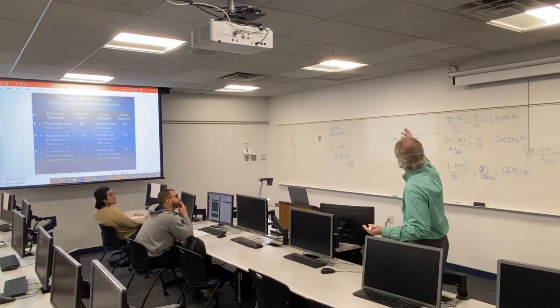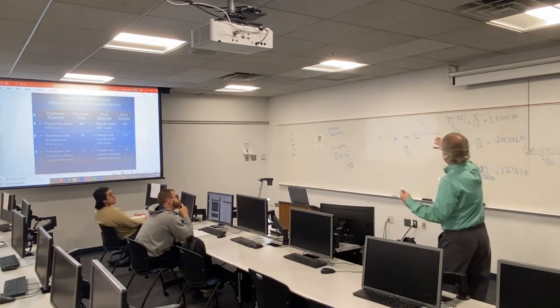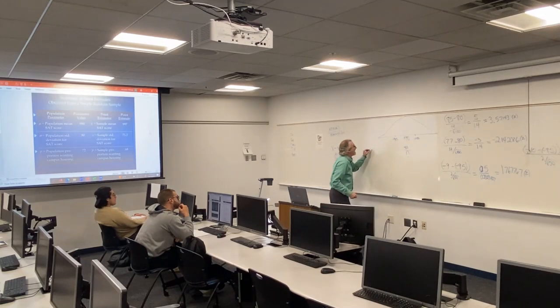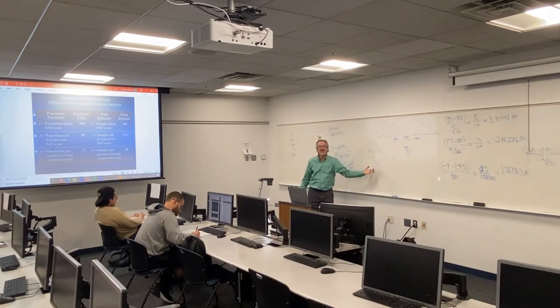Now, just like last week with proportions, with this mean and standard deviation, I'm going to do this twice. 980 minus 990, divided by 80 over the square root of 30. There's one.